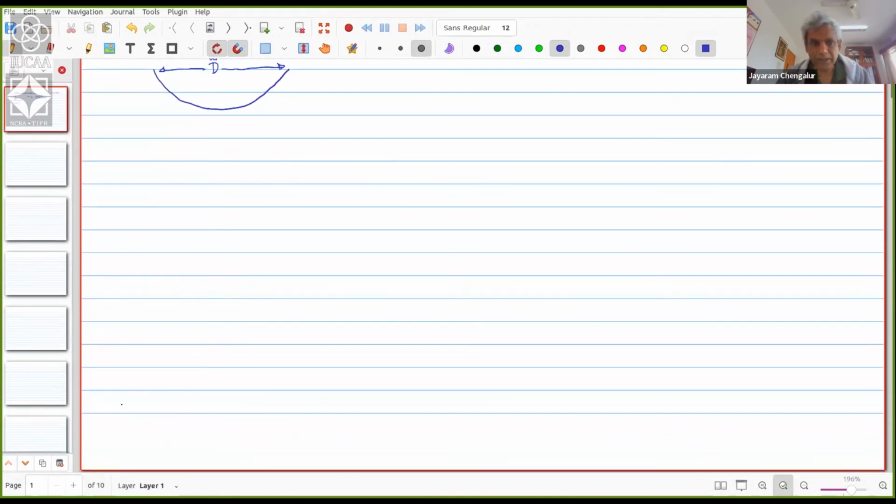Let's say I have two dishes separated by a distance x, and they're looking at some distant field over there. The center of the field makes an angle theta 0 to the vertical.